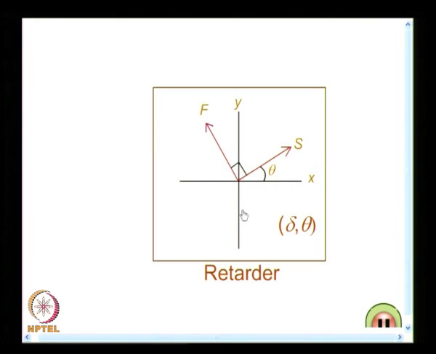for clarity, when I take a retarder, I will recognize a retarder as having two axes. I will label one of them as slow and one of them as fast, and I will find out the angle theta of the slow axis with respect to the horizontal.